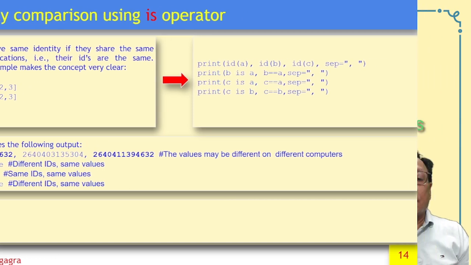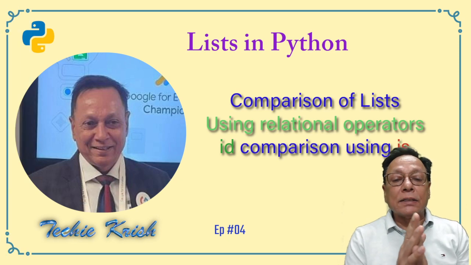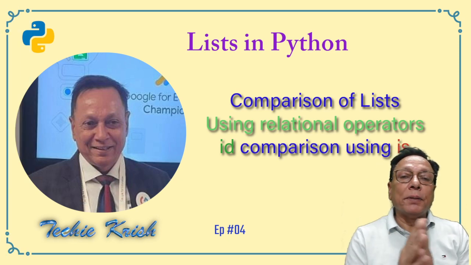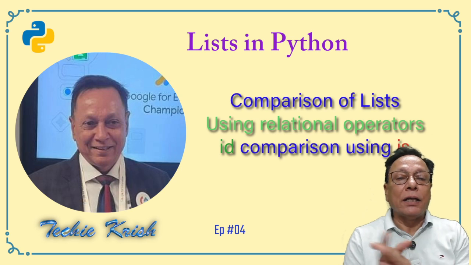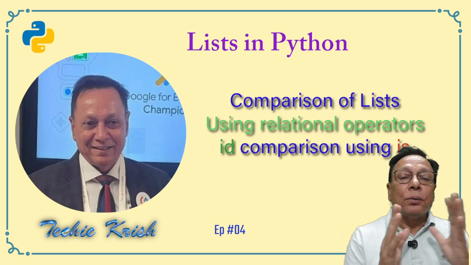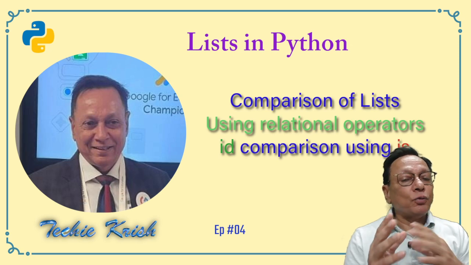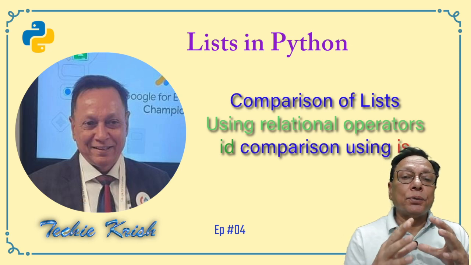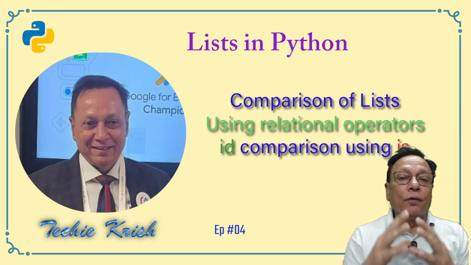This is the comparison of lists in Python, on the basis of relational operators, the ID function and the is operator. I hope you understood the concept. Though this is very tricky, you will have to apply it and use the computer to get the proof of this.